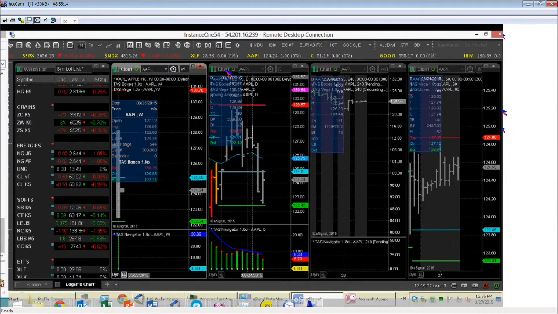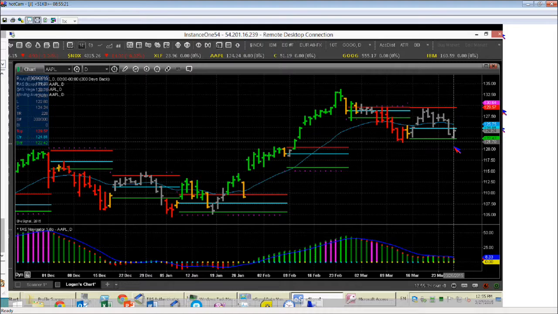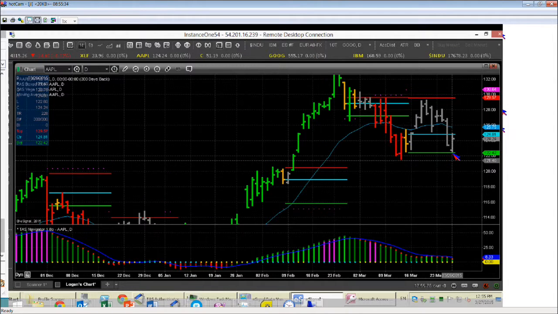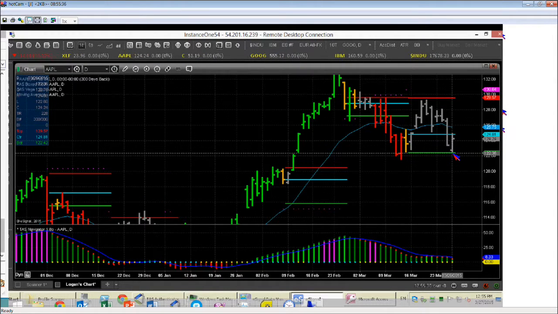But anyway, here's Apple. We talked about 122.42. Let's see where we hit yesterday. 122.60. All right, so that's pretty daggone close on Apple. Why did we talk about that level? We talked about waiting patiently until we could pick some up down there. It's a trader's bounce.